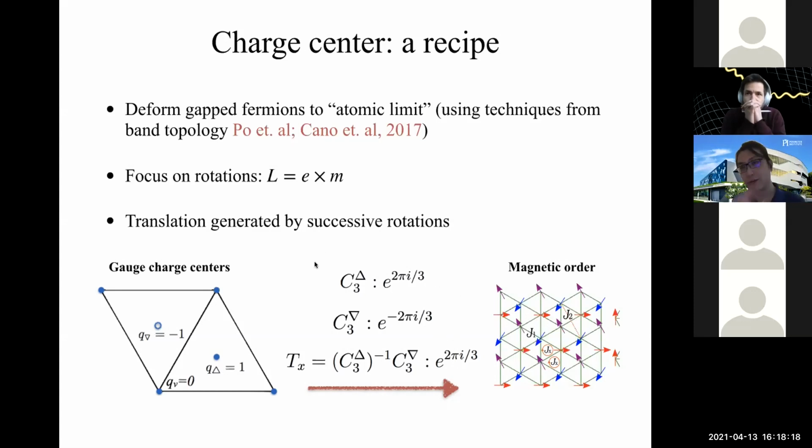That's how you figure out how the monopoles transform under various lattice symmetries. If you stare at these symmetry eigenvalues together with the fact that the monopoles behave as S_x + iS_y, you realize this describes nothing but the familiar 120-degree non-collinear antiferromagnetic order on the triangular lattice. For example, you look at this pattern, you translate by one lattice unit, and this rotates by 2π/3.